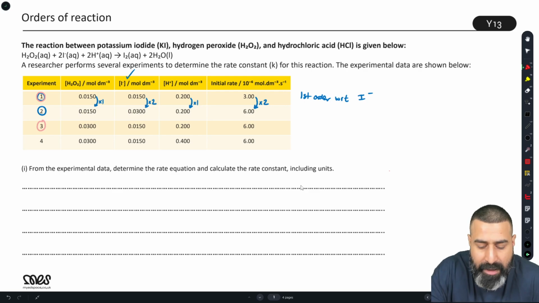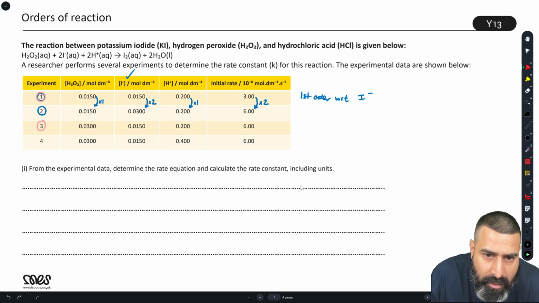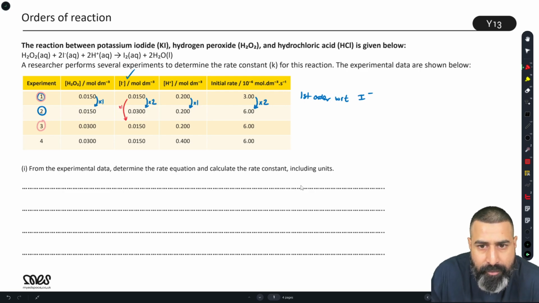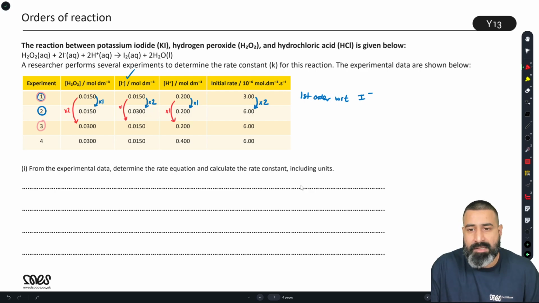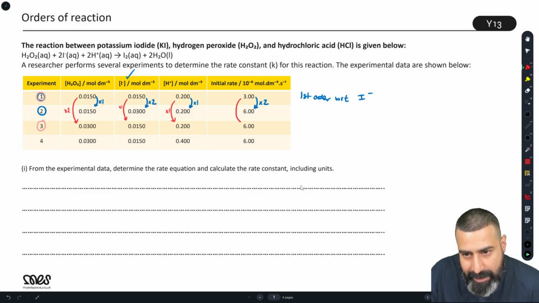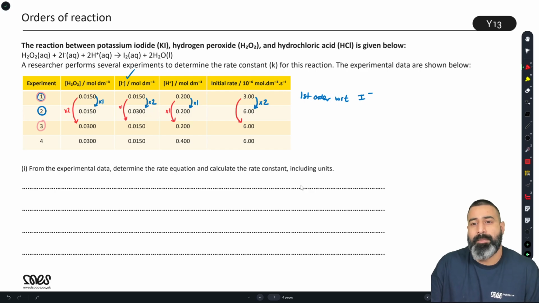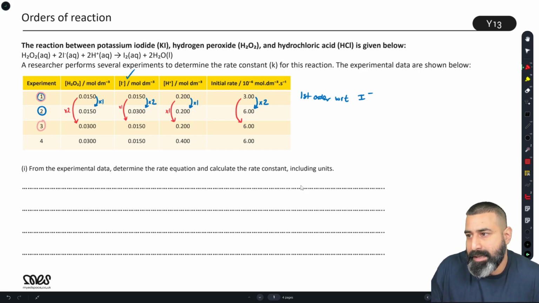So what's happening here is my I minus concentration is staying constant. My H plus concentration is staying constant. However, what we're doing to my peroxide concentration, we are doubling it. And now I have to see what happens to the rate as a result, what the effect is on the rate.